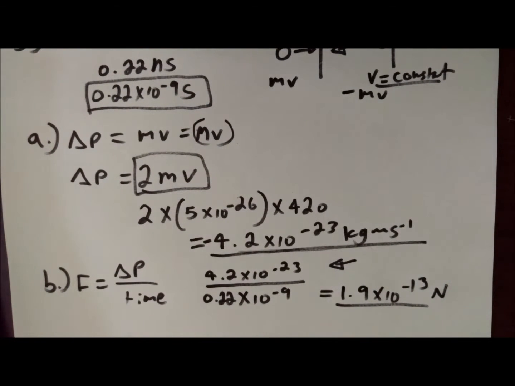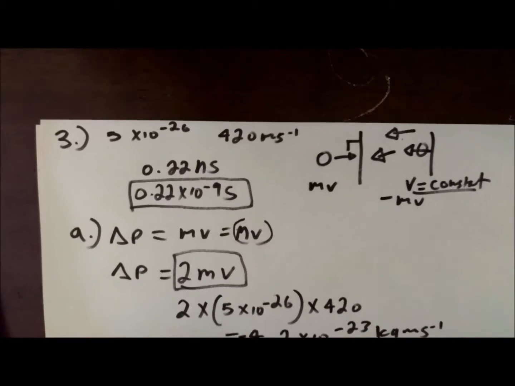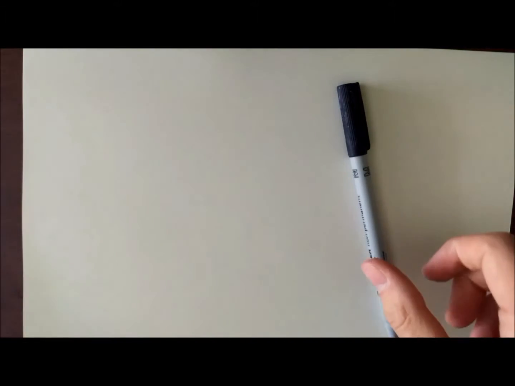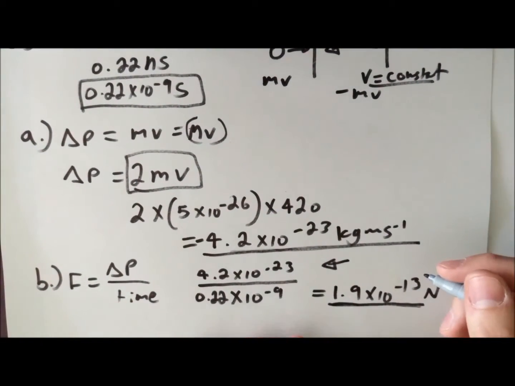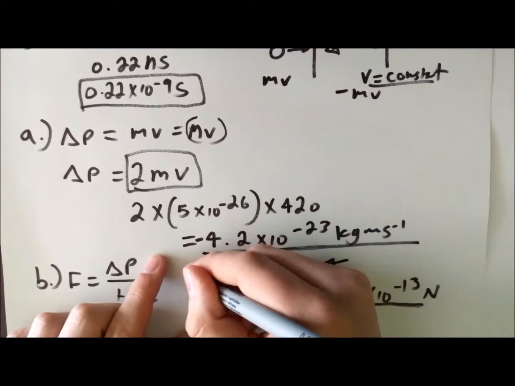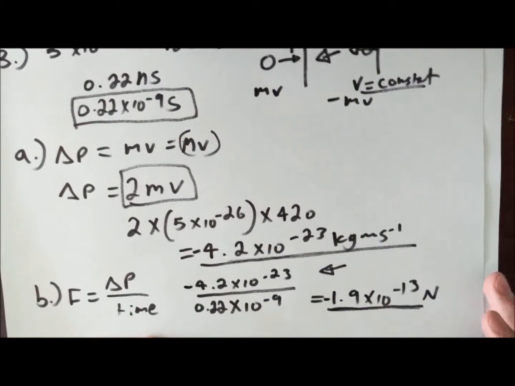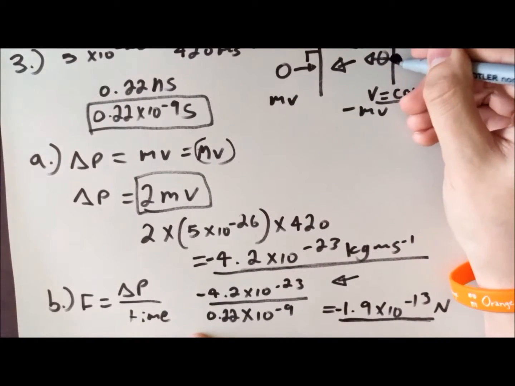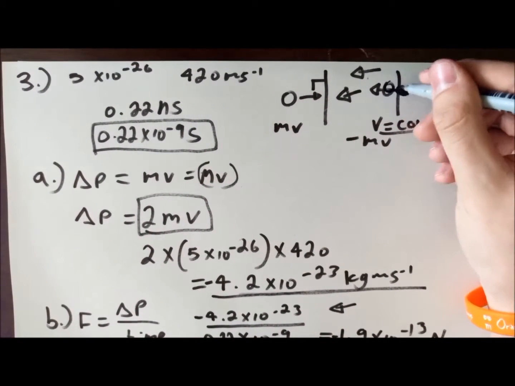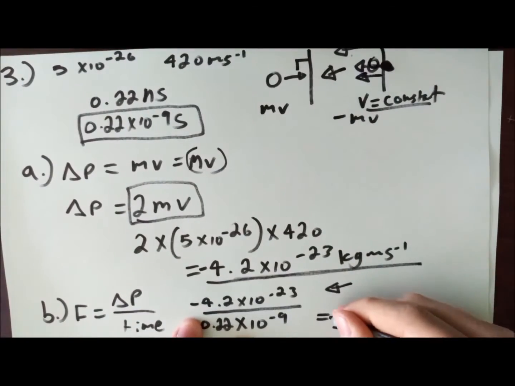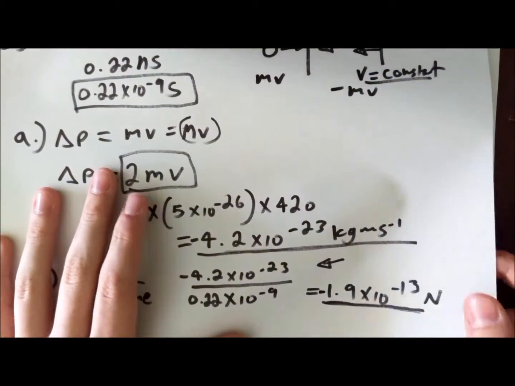So this is the force the molecule exerts on the surface. Again, if we were keeping the minus sign, this would be a negative number. So it's this force being exerted by the surface on the particle, causing it to move to the left. So just think of the sign as letting the examiner know its direction.